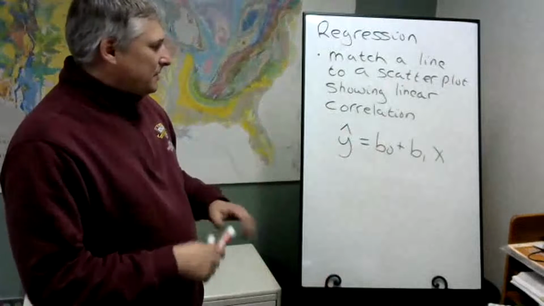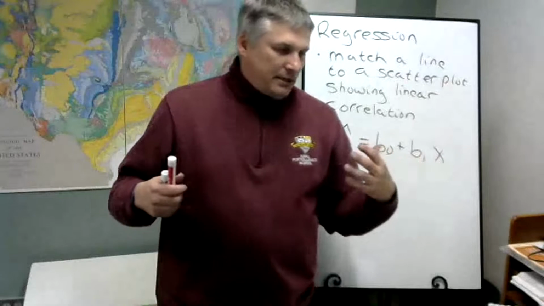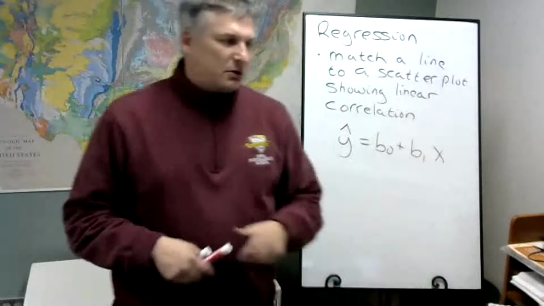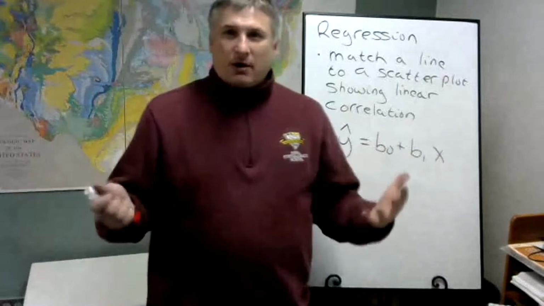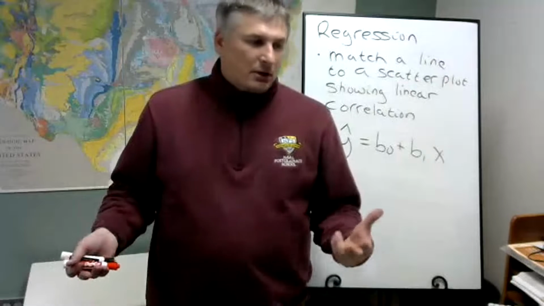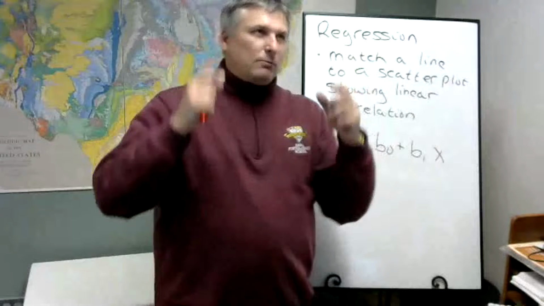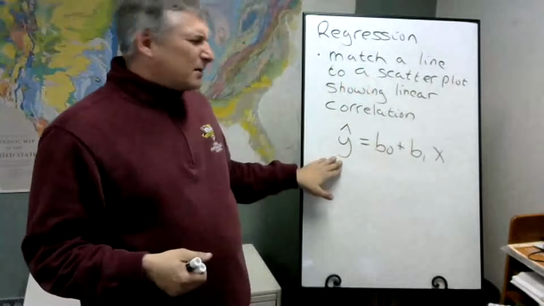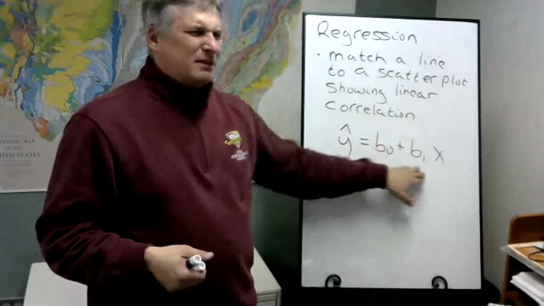Well, x will be the values of the x random variable. So in our Roswell versus Farmington temperature example, x would be all the temperatures from Roswell. Now you might think, well, Farmington was the y value, so wouldn't this be the Farmington temperatures, and why do you have to calculate them?